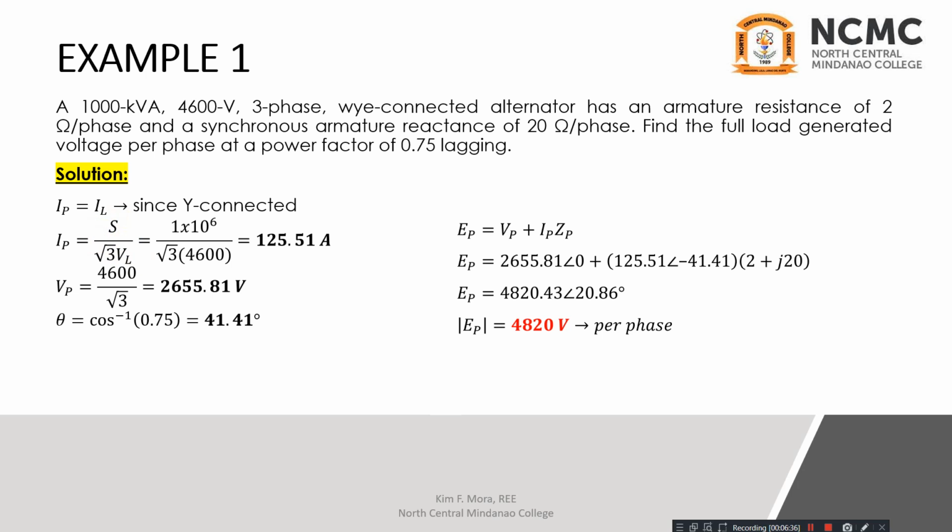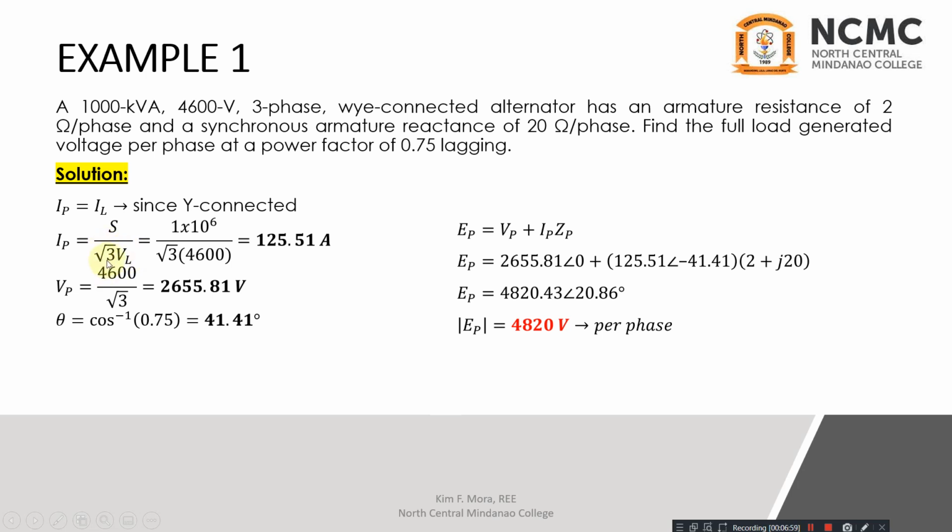No, sa ganinang S, S is our apparent power and that is given by 1000 kilovolts, no? So IP is equal to our apparent power divided by square root of 3 of VL.